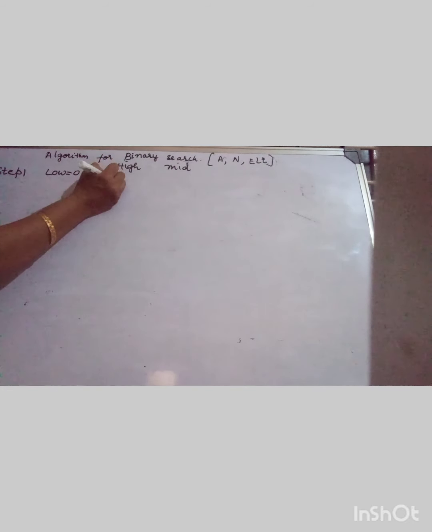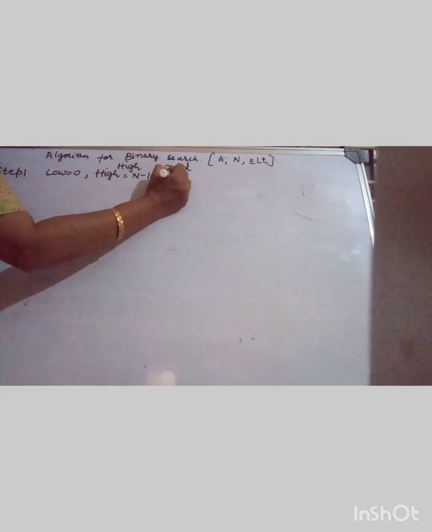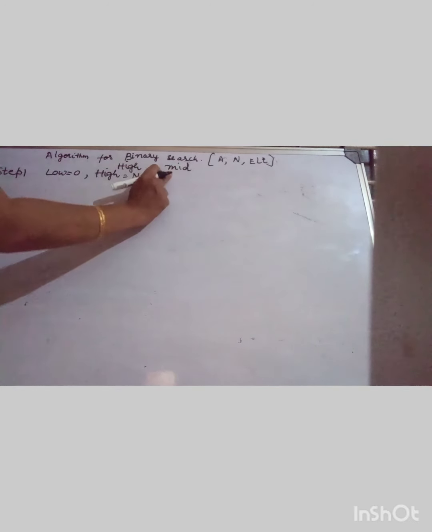Step 1. Since we have done this in the classroom, I will not give much explanation. In step 1, we have to write low is equal to 0, high is equal to the last position, that means n minus 1, and mid location.